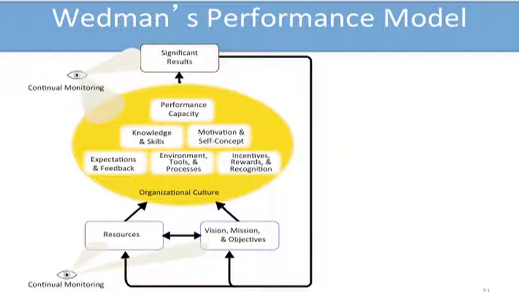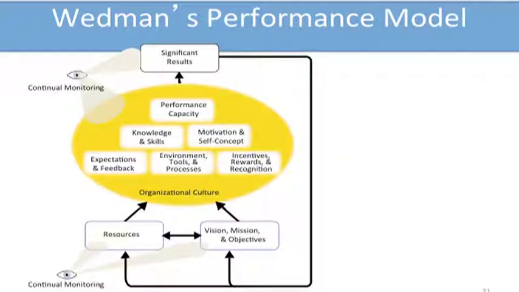Below that then, within the pyramid, he has several factors that are necessary in order to accomplish significant results. He has performance capacity. Do we have the right people? Do they have the right capacity to perform what we've asked them to perform? He has motivation and self-concept. Are they motivated to perform? Do they have confidence that they can perform?